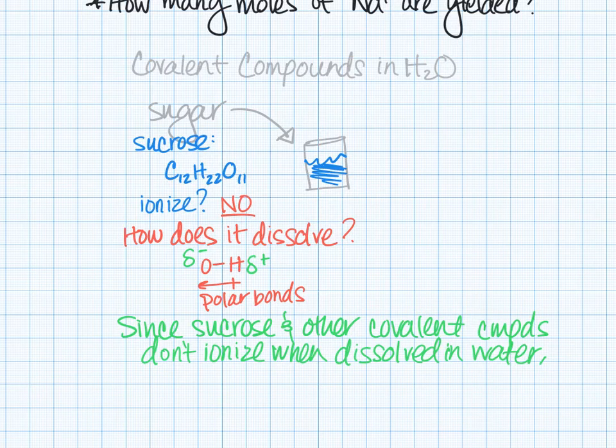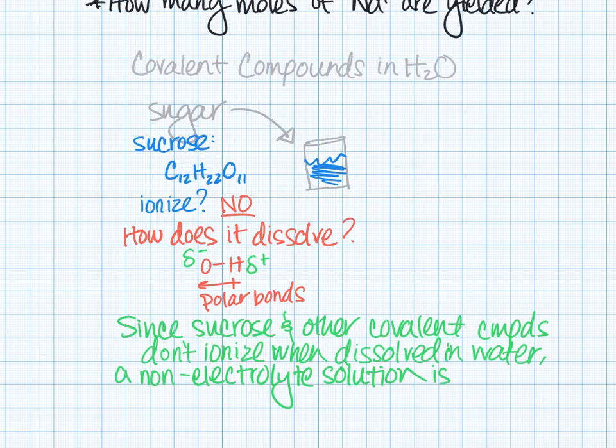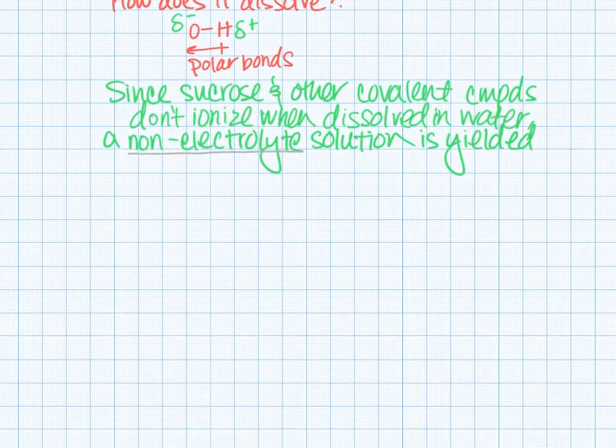So therefore they are classified as a non-electrolyte solution. Let's say a non-electrolyte solution is yielded. So that means that these compounds do not conduct any electricity. They do not conduct a current.